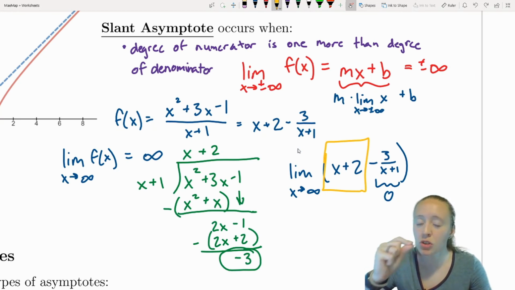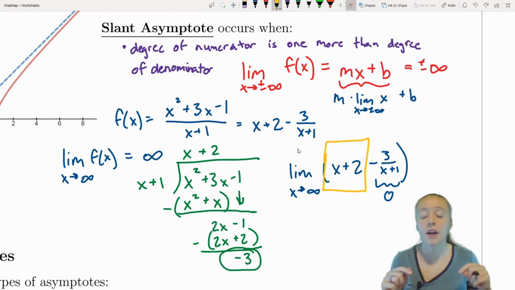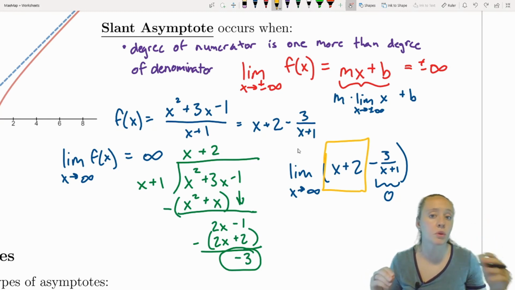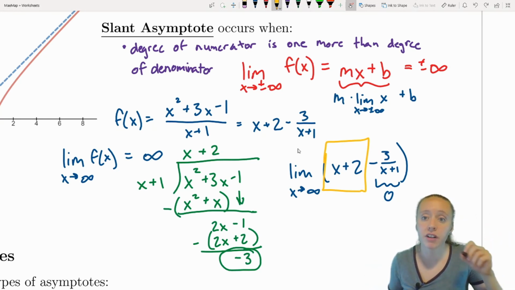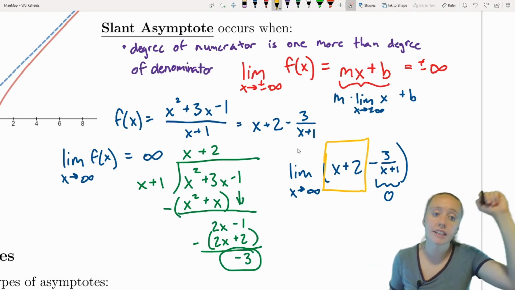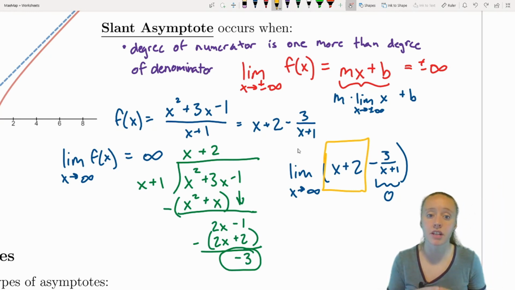However, because that numerator is only 1 degree greater than the denominator, I will have a line that is my slant, or another word, oblique, asymptote, that my function follows or hugs as it approaches infinity. The overall limit is still infinity, but I'm tracking or hugging along a given line.